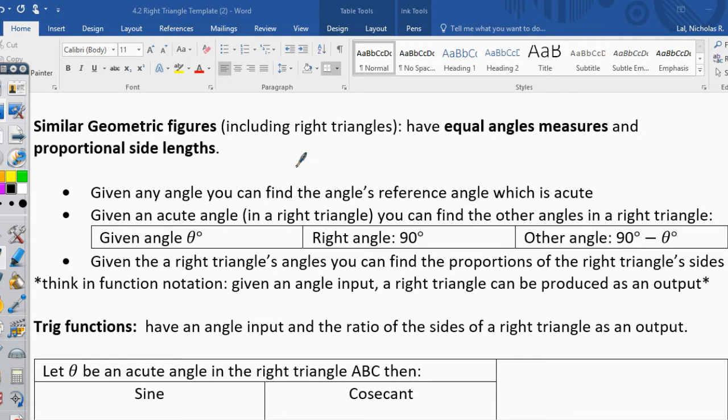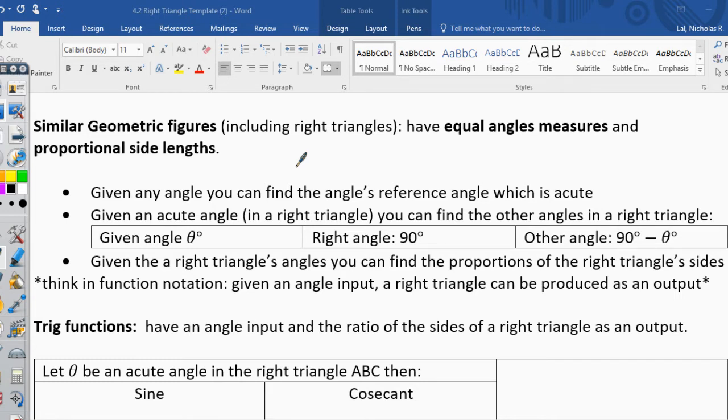Then you find the reference angle of that angle so that it is acute, which means less than 90. Then you take that acute angle and it becomes one of the angles in a right triangle. Once you know one angle other than the right angle, you know the other angle, because 180 minus 90 minus your angle is equal to the other angle.